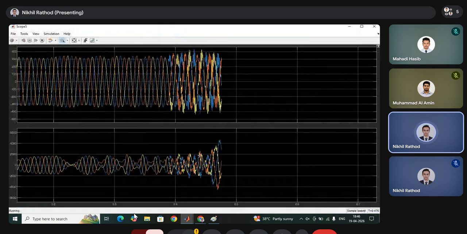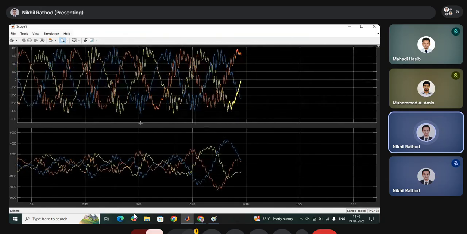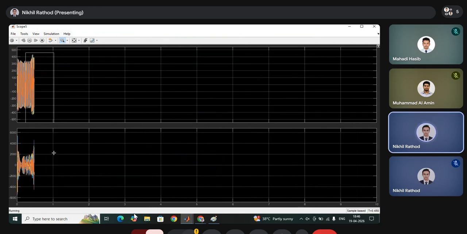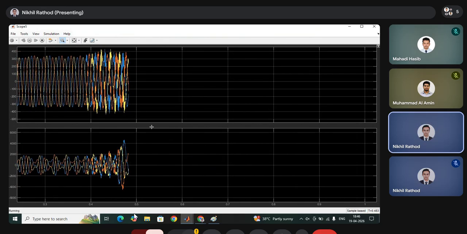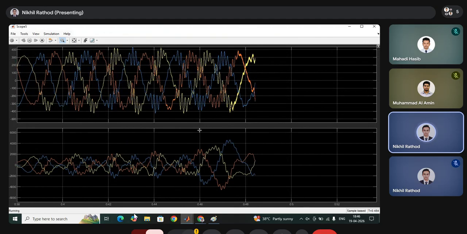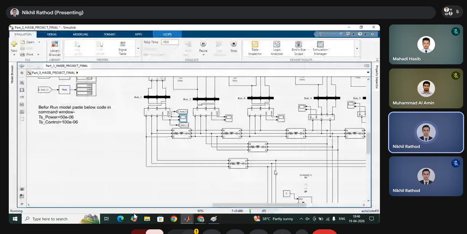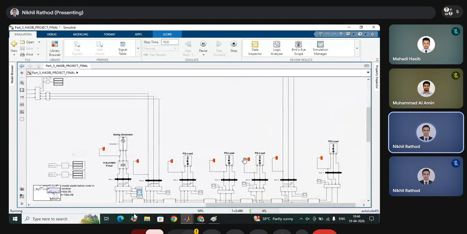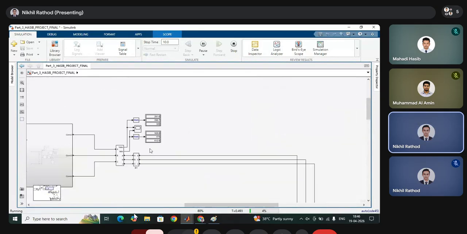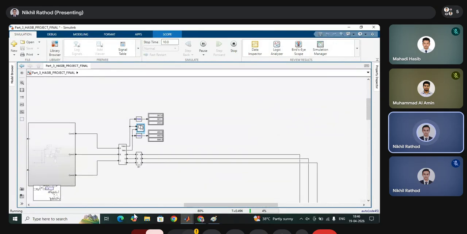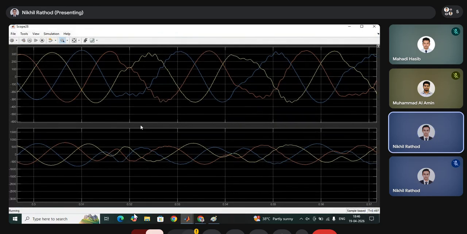The current is increased. You can see the current is increased and the waveform quality has also changed. Initially it was more stable, but as the fault happened, the current waveforms change, and this type of variation is coming due to the synchronization mismatch with these non-renewable or renewable sources.